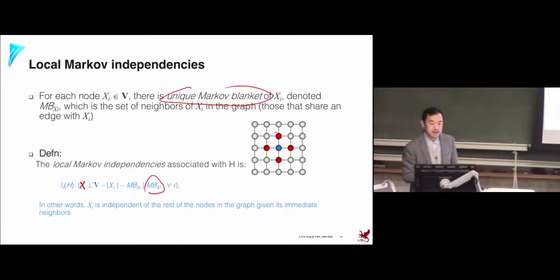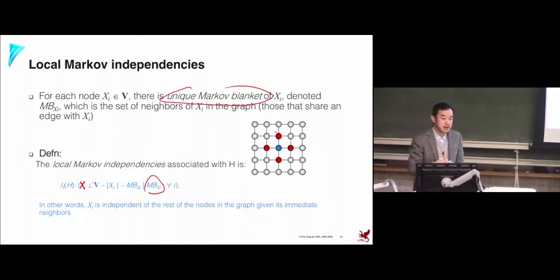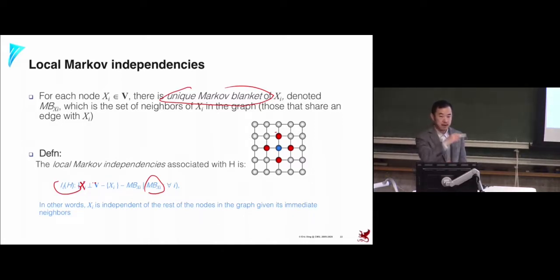These red nodes are like a blanket, isolating a particular node in the middle from the rest. And they characterize the local Markov independencies. So you can come up with this set, run over every node or every set of nodes, and draw its Markov blanket, and you have a pure set of independence properties.